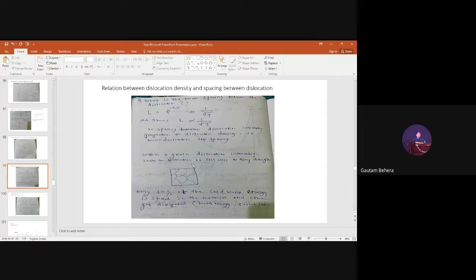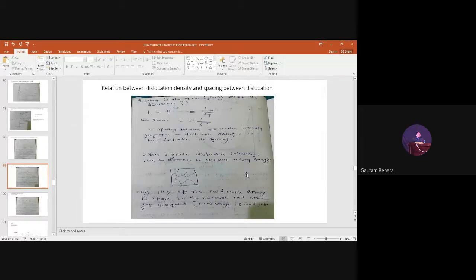Okay, this is an interesting point again. Basically, what happens when the number of dislocations increases in a material? Suppose we are deforming a metal more and more, doing cold working. The percentage of cold working is increasing, which means we are increasing the number of dislocations.